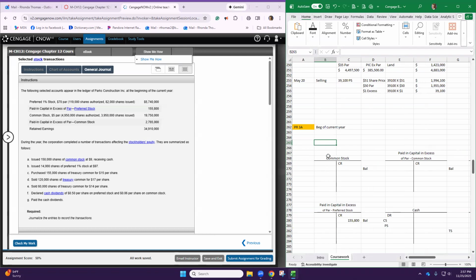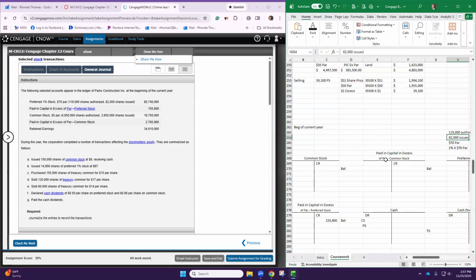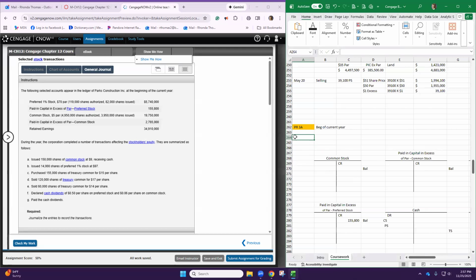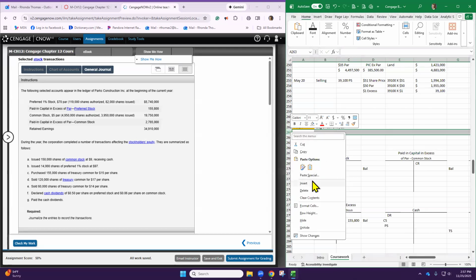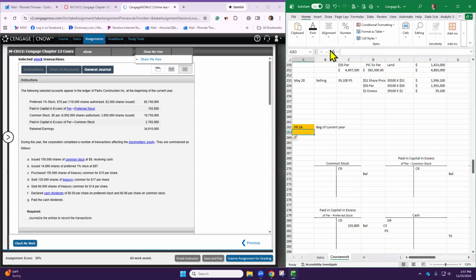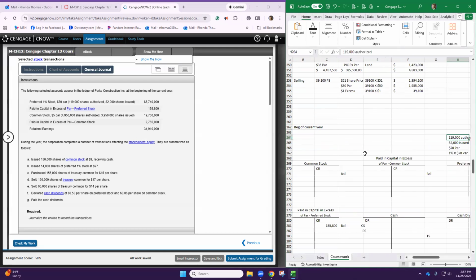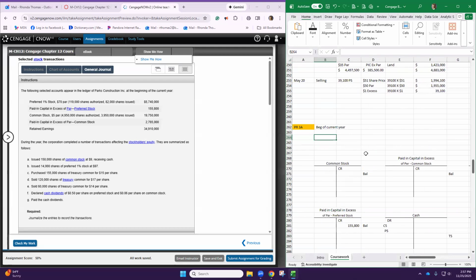How many are authorized? Okay, so authorized, quite a few, more than, yeah, all right. 4,950,000 authorized shares.